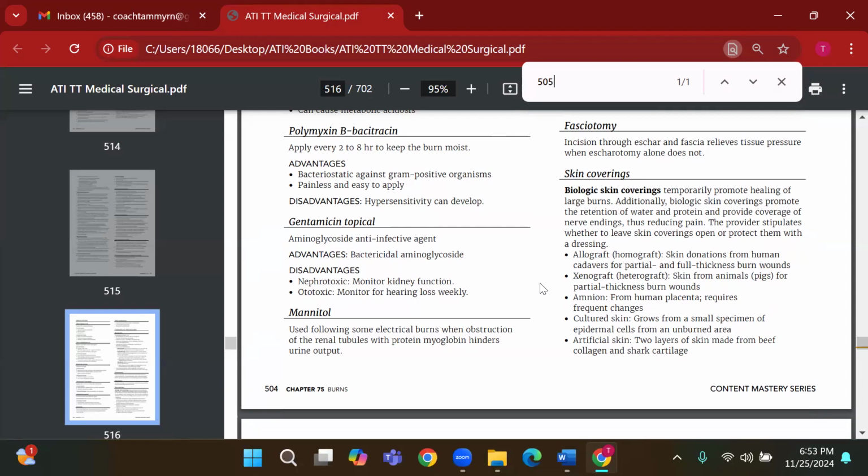When you're dealing with this, and I actually have seen this as a boards question, so I know that you do need to know this, if we look at an allograft, that means we got it from someone else. If we had an autograft, that means we got it from ourselves. An allograft is skin donated from a human cadaver, for partial and full thickness burns.